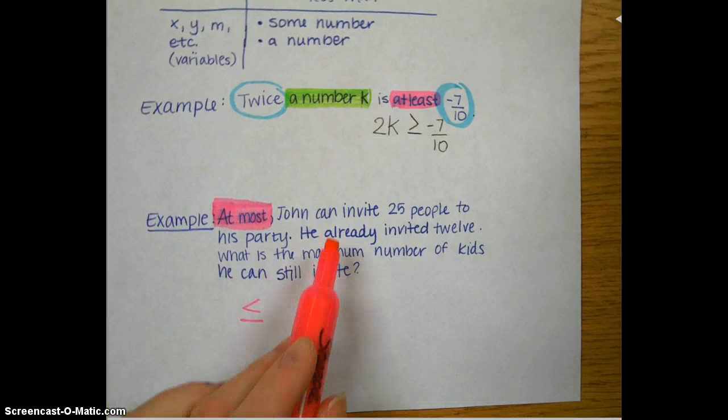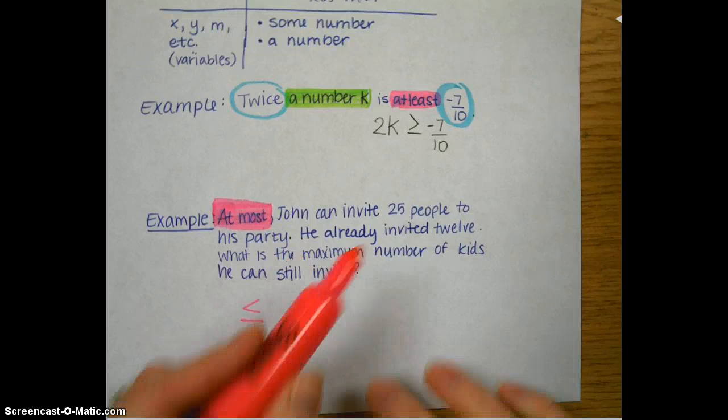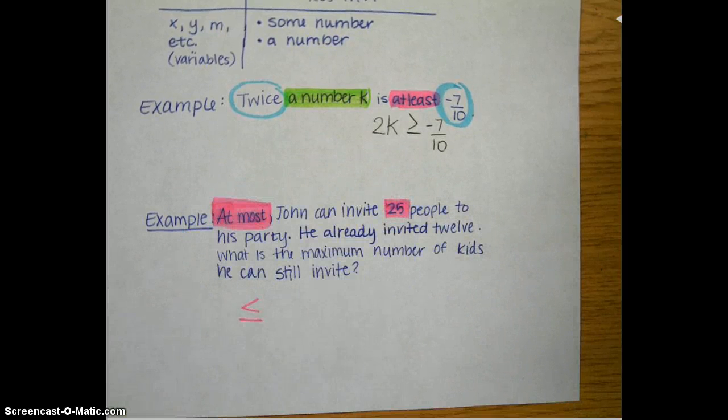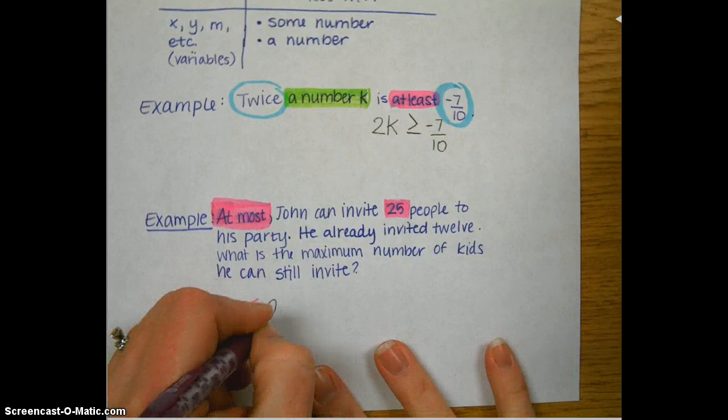At most, John can invite 25 people to his party. So 25 is also important, and that 25 is the limit. He can invite 25 people or less. So I know that 25 is going to be over here.